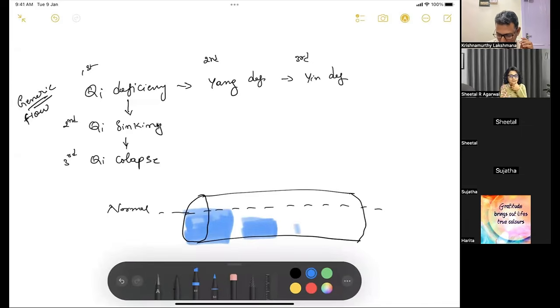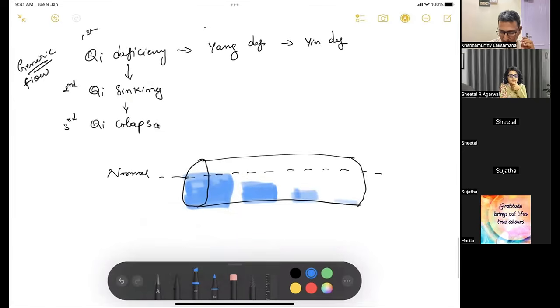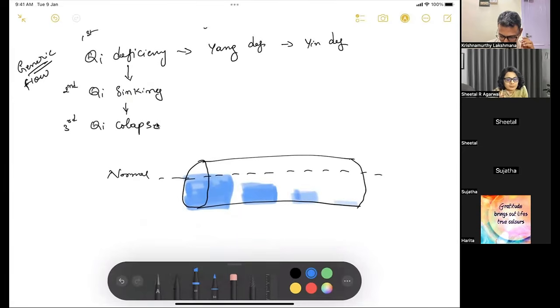If the water is this much, we call it sinking. So this is normal, this is deficiency, this is sinking, and this is collapse.